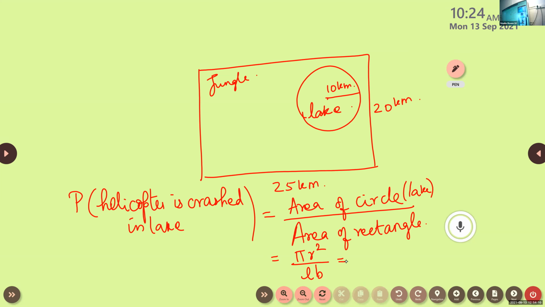Pi here is given as 3.14, children. It is 3.14 into 10 into 10 by 25 into 20. We'll simplify this, we'll get the answer.